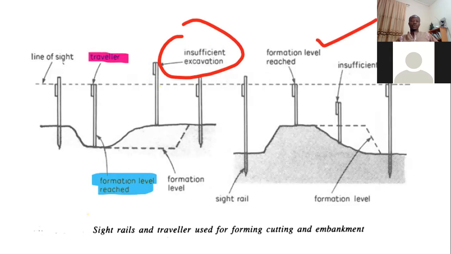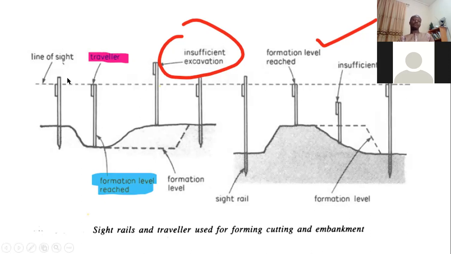Yes, sir. Please, what question did you ask? The question is, which one of these rails is traveler? Which one of them is site rail? How do you know? What evidence do you have to prove which one of them is traveler and which is site rail?